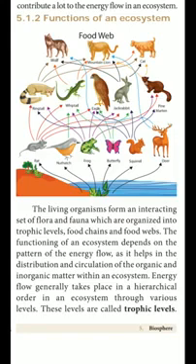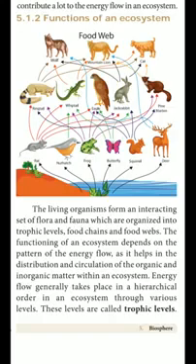So, functions of ecosystem. The living organisms form an interacting set of flora and fauna which are organized into trophic levels, food chains and food webs. Some animals will eat only the plant. Some will depend on other animals, isn't it? So some living organisms will eat the flora, the plants.